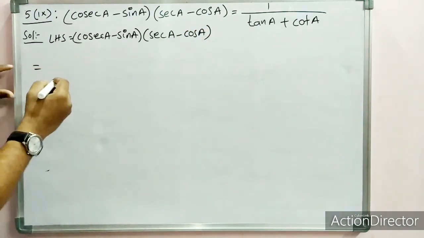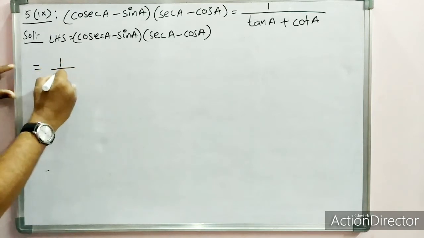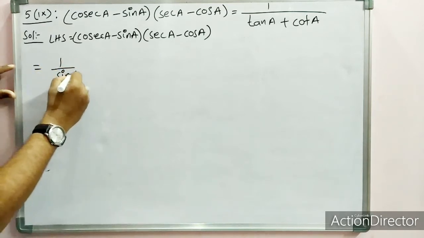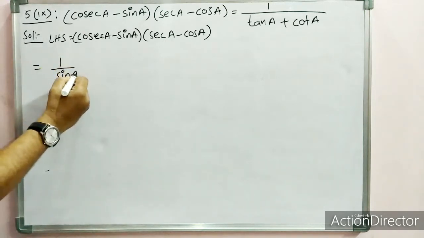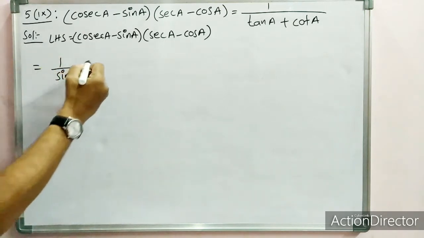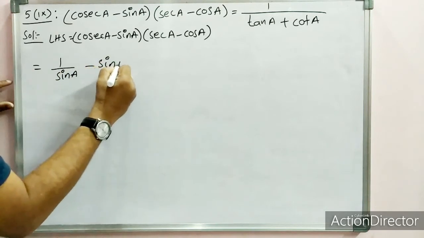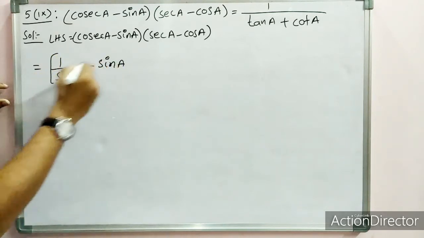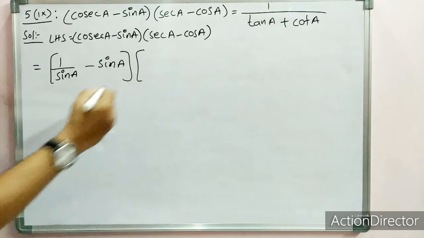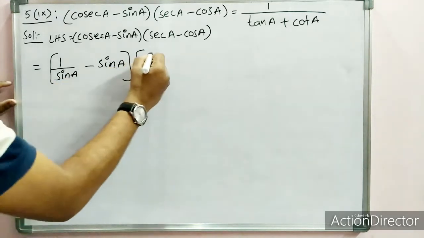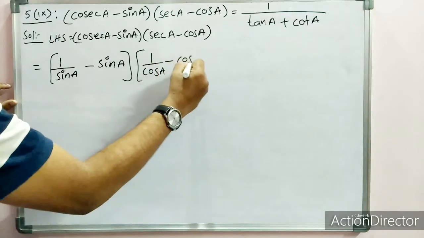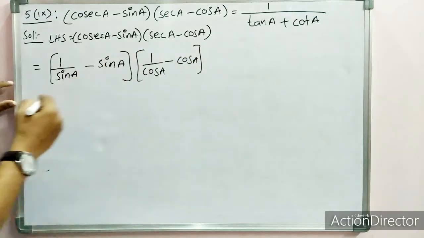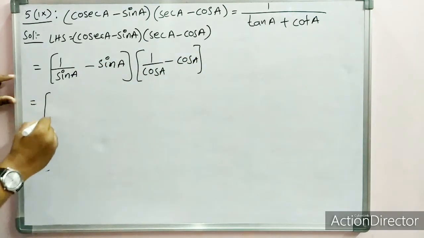Therefore cosecant A is 1 by sine A, minus sine A, and secant A is 1 by cos A, minus cos A. Now you take the LCM.